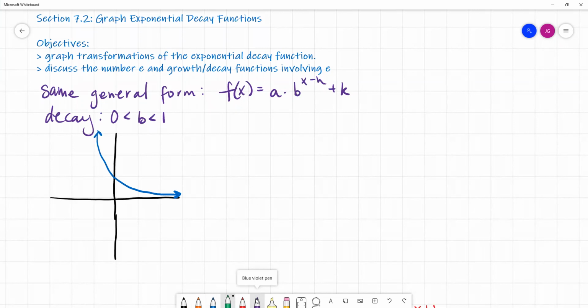If you remember our growth, it starts off pretty tiny, but then it eventually gets pretty big. Our decay function is the opposite. And so it has some y-intercept and sometimes it has an x-intercept as well. And then it has a horizontal asymptote. All the information is going to be pretty much the same aside from the b and the overall shape of the graph.